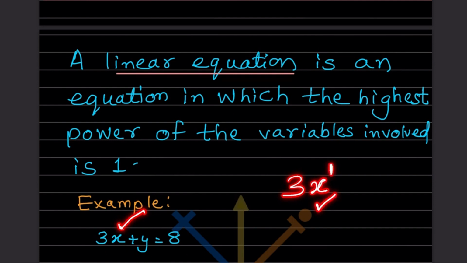If it is 3x square, suppose, this is not a linear equation. Again, y has power 1, but usually we don't write the power. So this is an example of a linear equation.